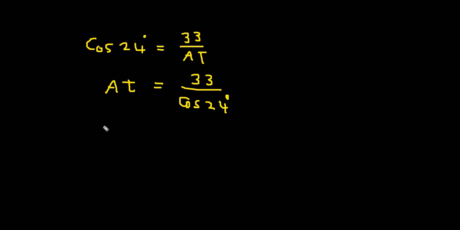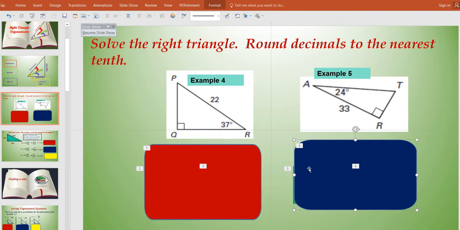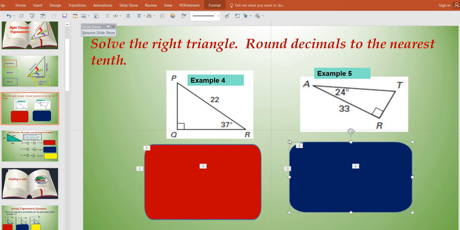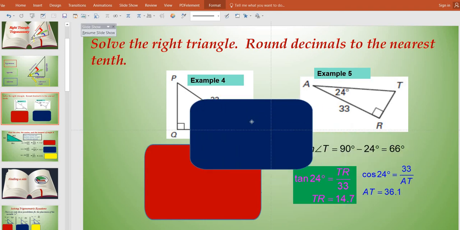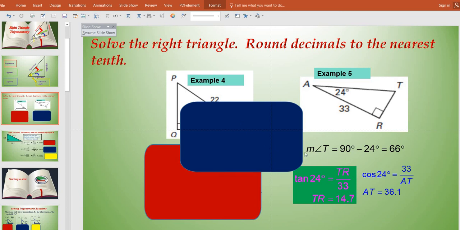By using the calculator, we get AT equals 36.1 centimeters.